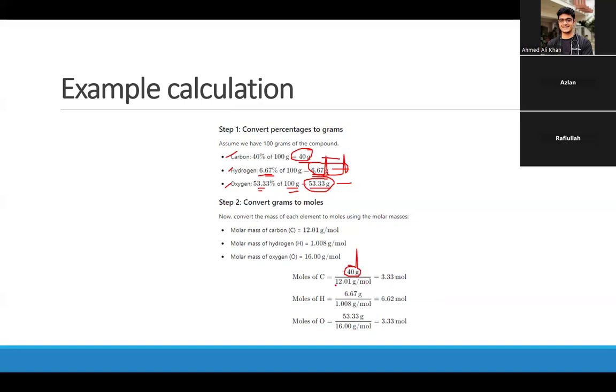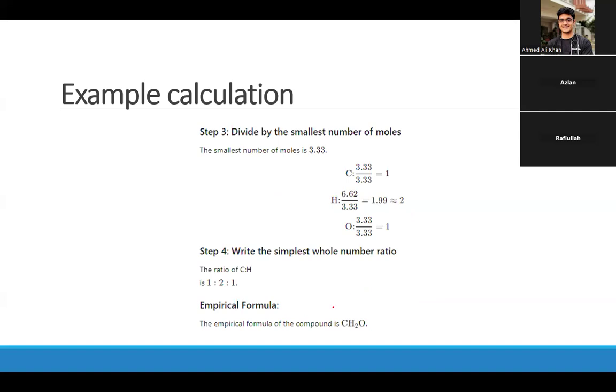You can just get it from the periodic table. So 40 divided by 12 gives you 3.33. Similarly, you do it for hydrogen, that gives you 6.62. And then you do it for oxygen as well, and that gives you 3.33, right? So that's how you calculate the moles. You convert the grams into moles. So that's step one and step two done.